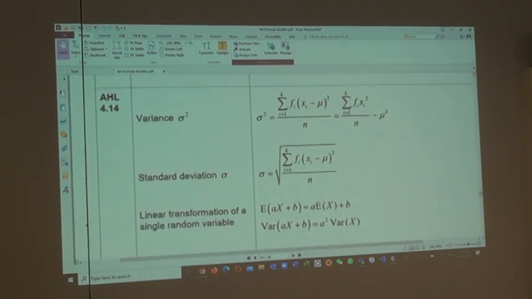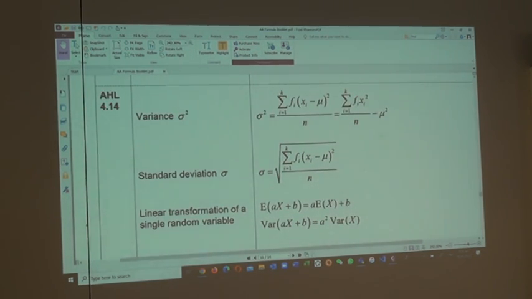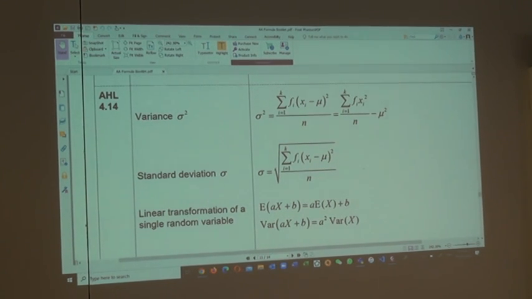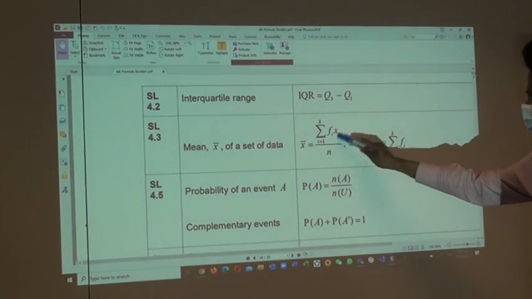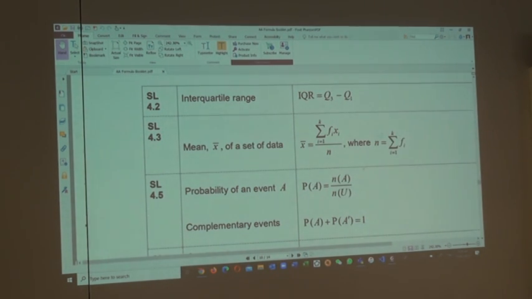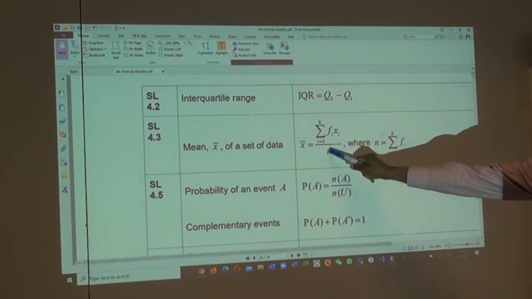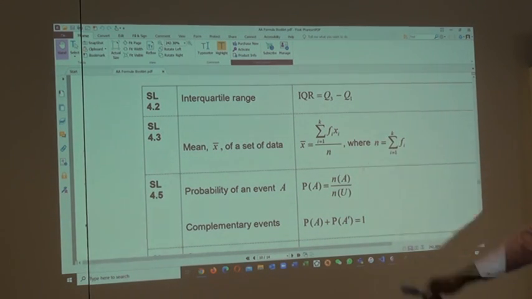So you see, for the HL, the variance and standard deviation formula are already there. We're going to talk about them later. In the SL section, you already have the interquartile range and mean, x bar. So what does this mean? We're going to talk about it in a bit. Of course, the formula may not necessarily be written like this, but it's still the same.